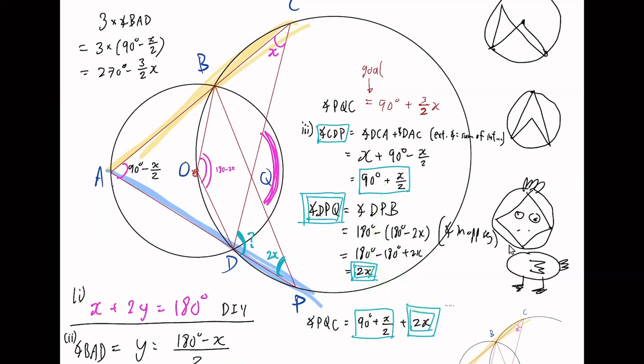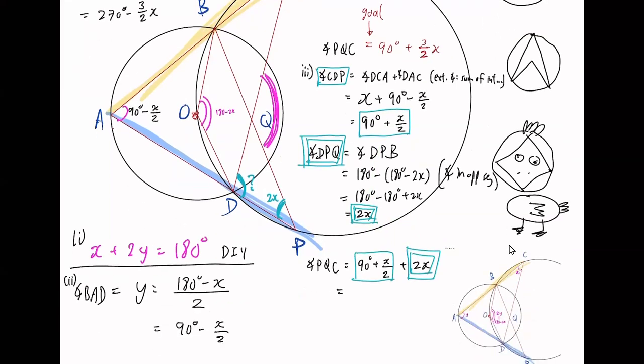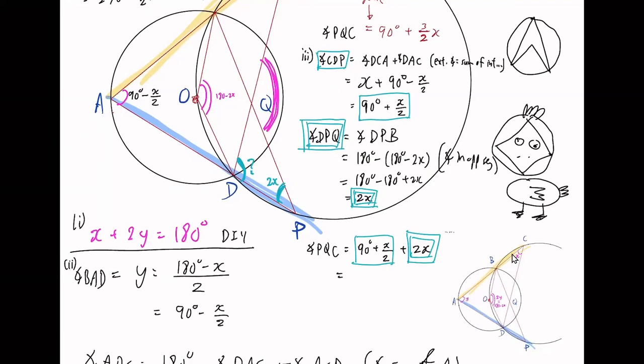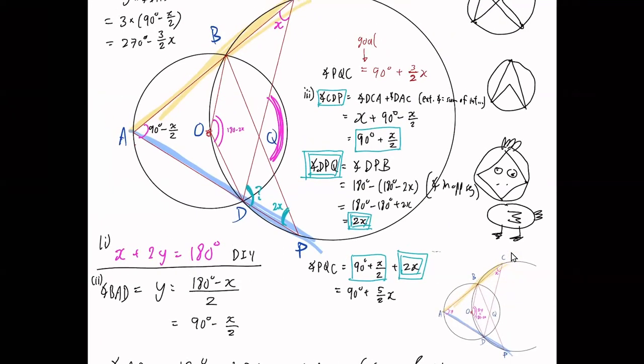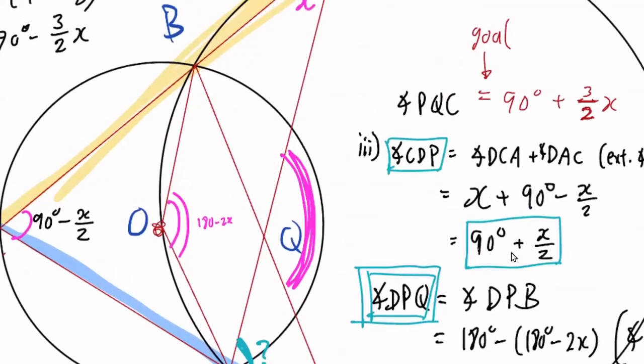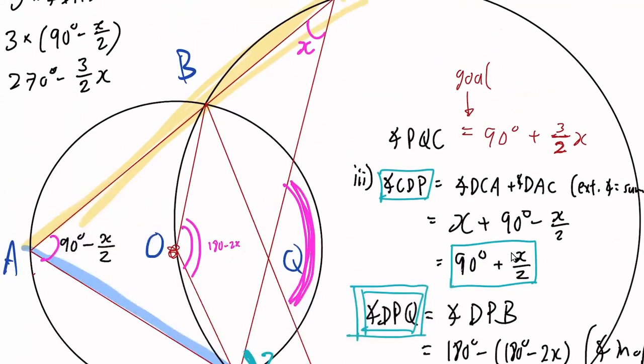Simplify, calculate it. Half of x plus 2x is, let me use a calculator, 1/2 plus 2, 5 over 2. 90 degrees plus 5 over 2x. Did I calculate something wrongly? Something is wrong. Let me see. I got tricked. Why 2x? This should be just minus x. Angles in opposite segment just minus x.